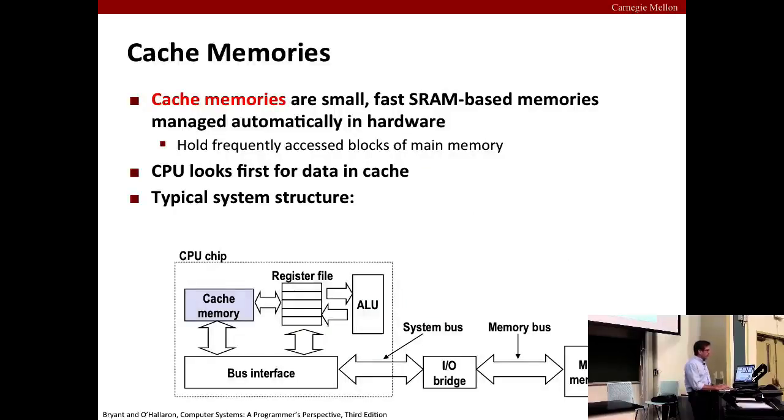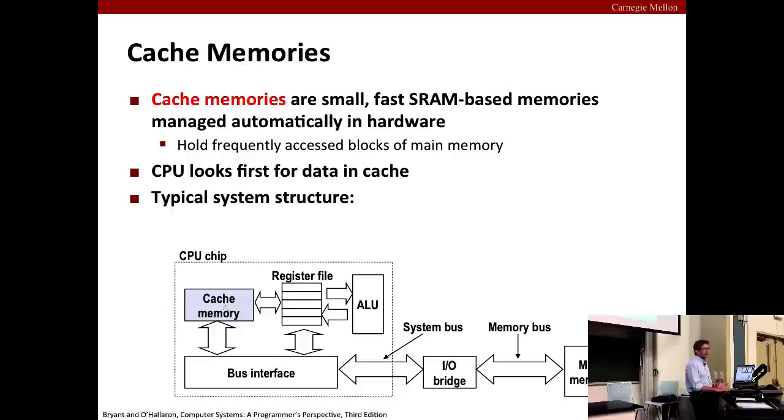Now there's a very important class of caches, these so-called cache memories, which are contained in the CPU chip itself and are managed completely by hardware, and they're implemented using fast SRAM memories. And the idea for this cache, which is right next to the register file, is to hold frequently accessed blocks from main memory.